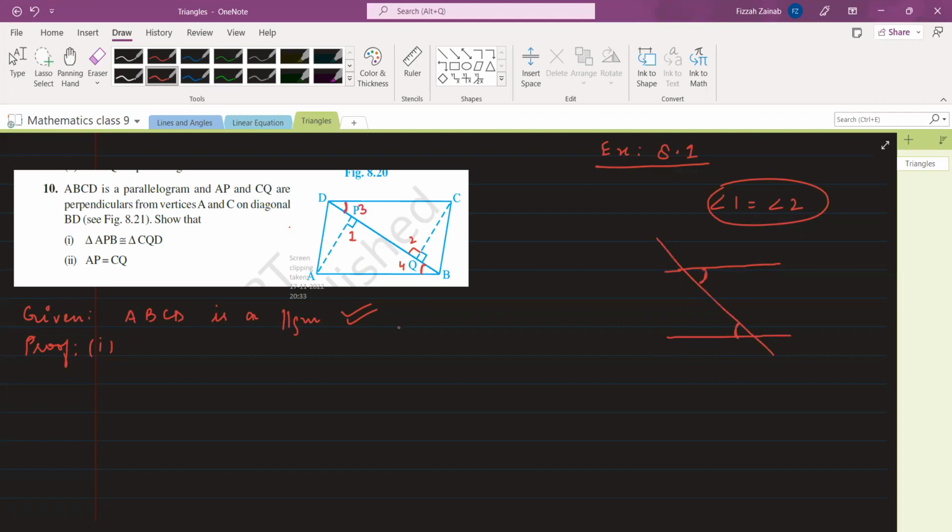Again, it's a parallelogram, so opposite sides are equal, isn't it? So your AB side will be equal to CD. So three things I have got here. In triangle APB and triangle CQD, I have angle 1 equal to angle 2, 90 degrees each, given.